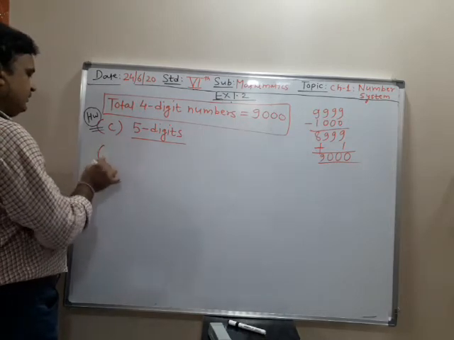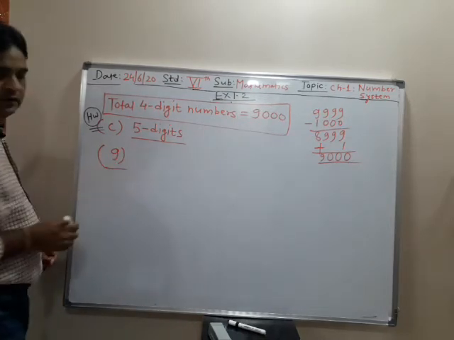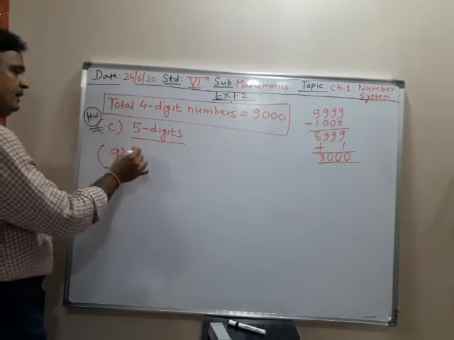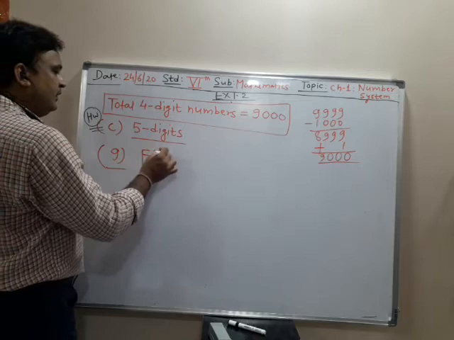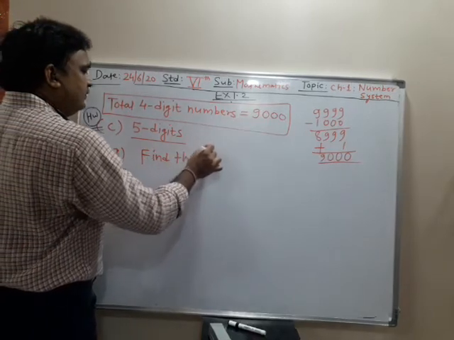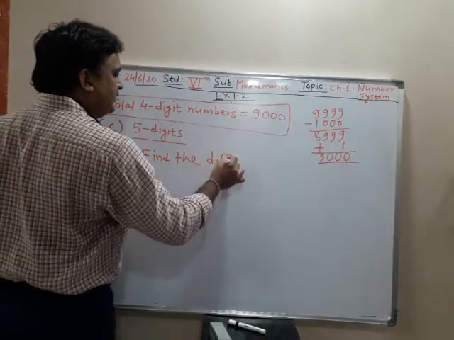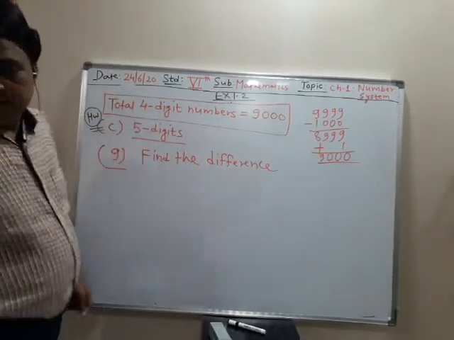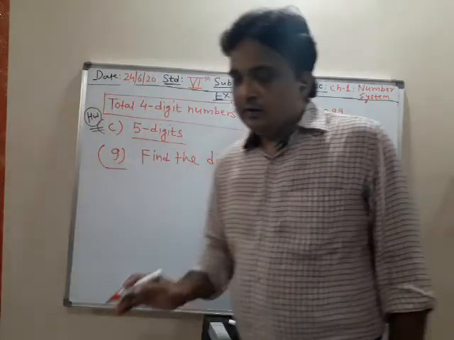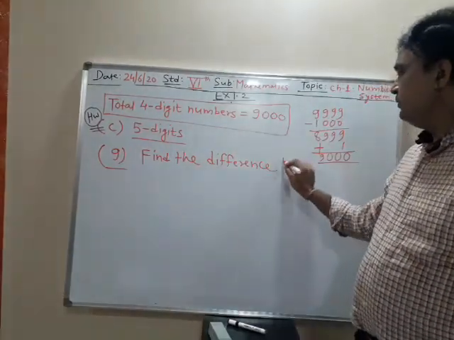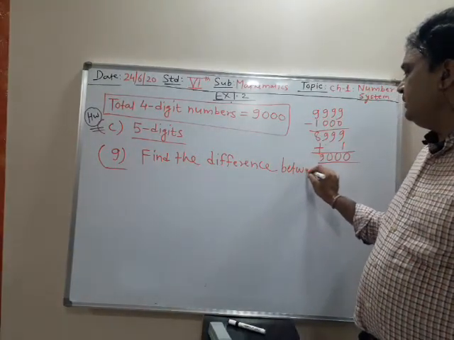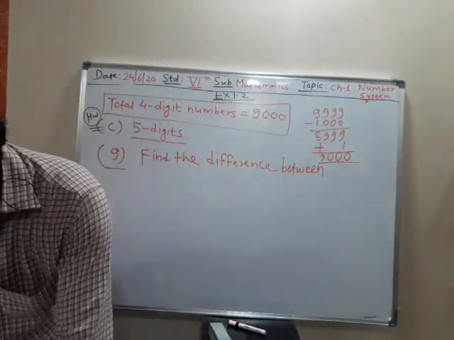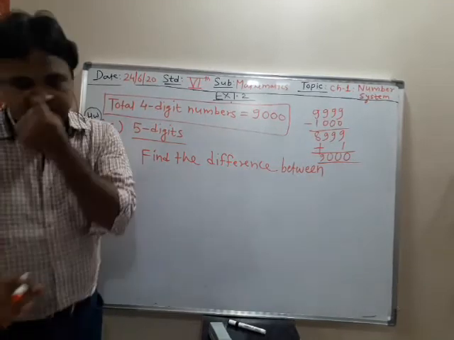Ninth one. Find the difference between the place values of two threes.